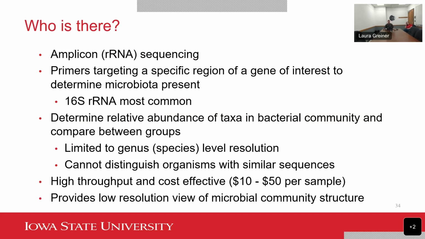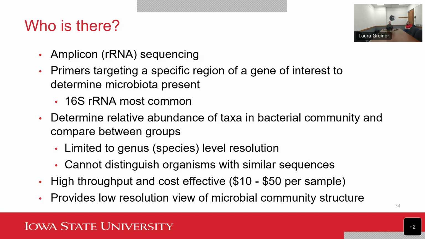So 16S rRNA sequencing would be an amplicon sequencing approach. This approach allows us to determine relative abundance differences in microbes present in a community, and then compare those abundances between groups.